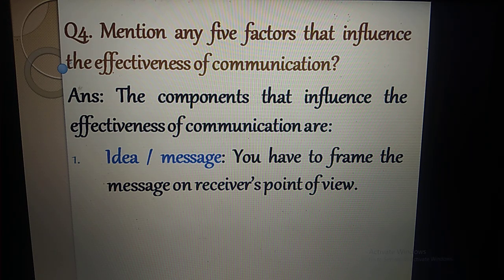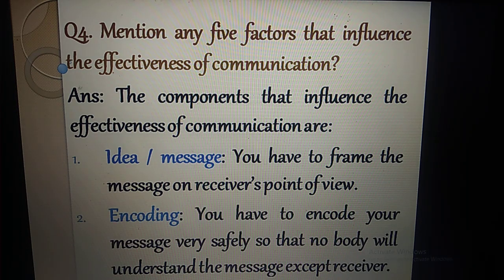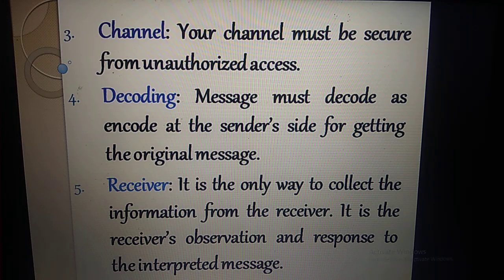Receiver की thinking के हिसाब से हमको message या idea बनाना चाहिए. The next, encoding. The next is channel, then decoding, then receiver.